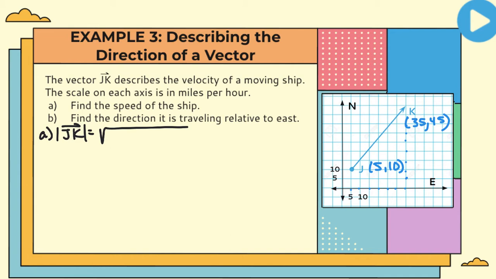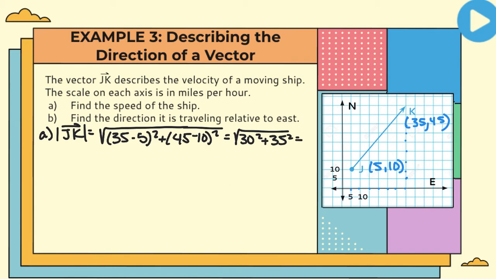So when we put this into our formula, we're going to do the square root of x2 minus x1 squared plus y2 minus y1 squared. So we have 35 minus 5 squared plus 45 minus 10 squared. 35 minus 5 is 30 squared plus 45 minus 10 is 35 squared.